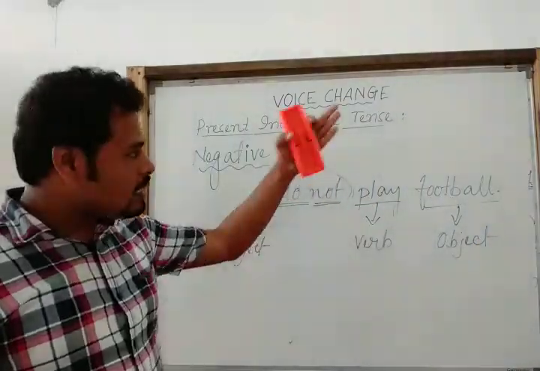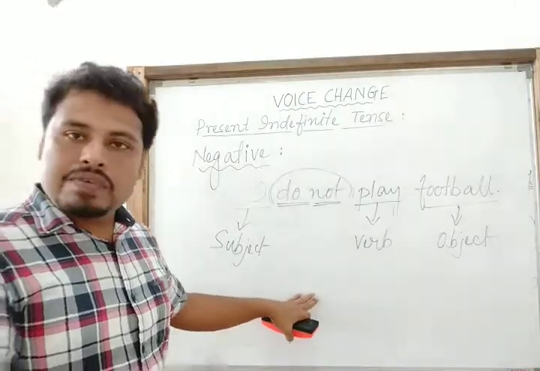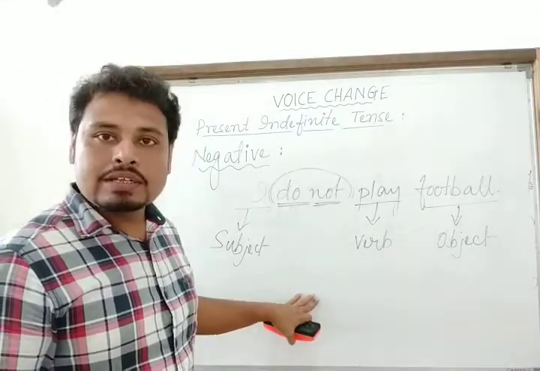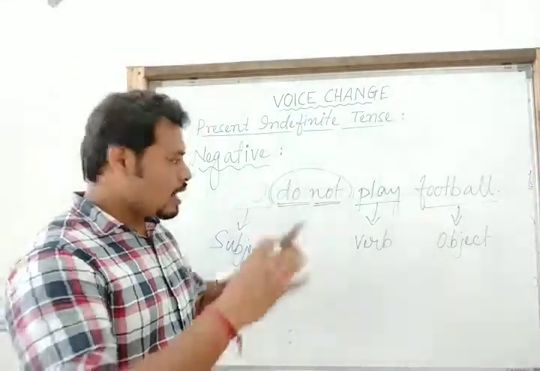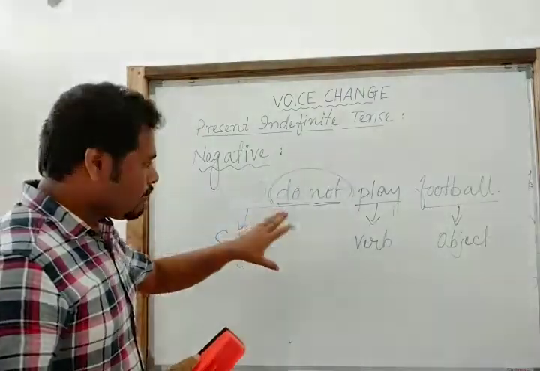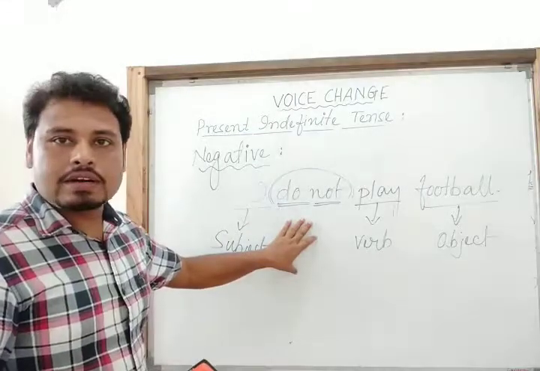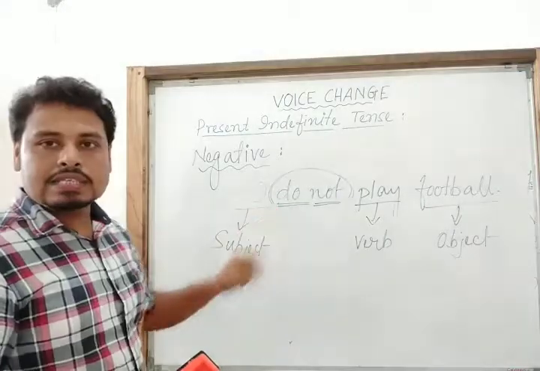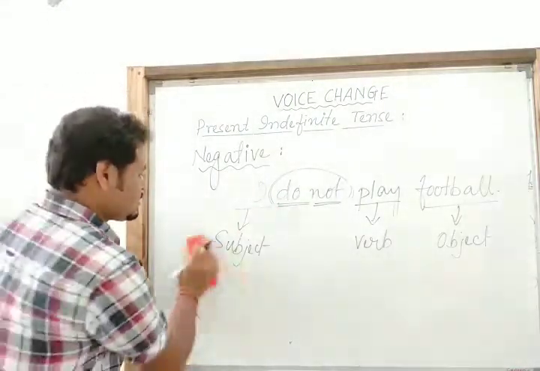If I put another things with that, like every day, once in a week, those things would come under others. So let us try to write the active structure of the negative sentences in present indefinite tense.